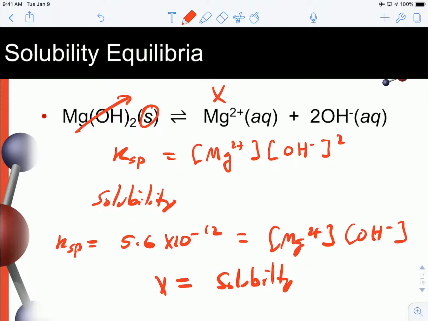This is X of that salt. Okay, you're going to wind up with twice the amount of hydroxide in solution that you do magnesium, but the solubility of the salt is a 1-to-1 relationship between here and the magnesium. And when you set up your RICE table, this will be designated X and this will be designated 2X. So your X is the solubility of your salt.